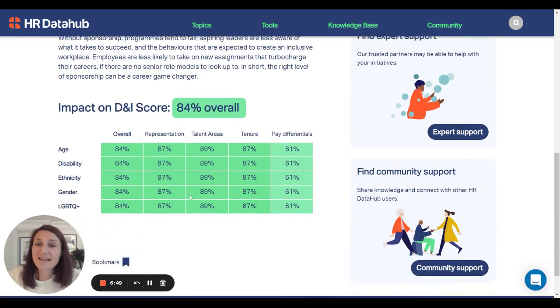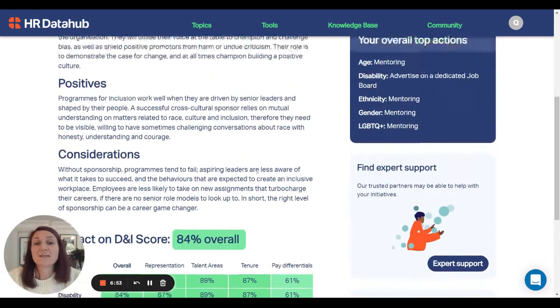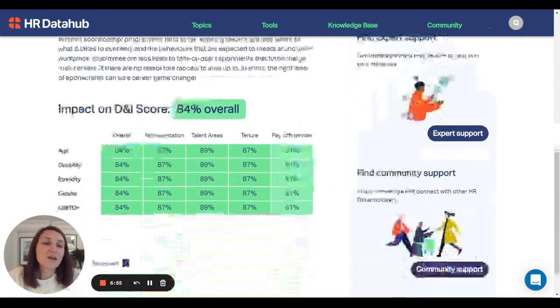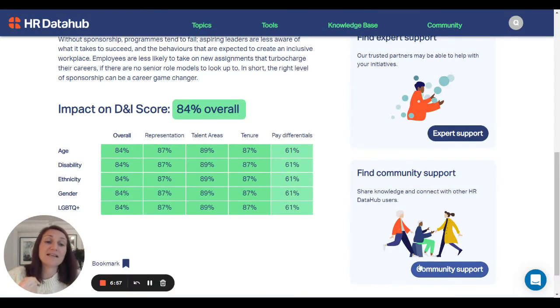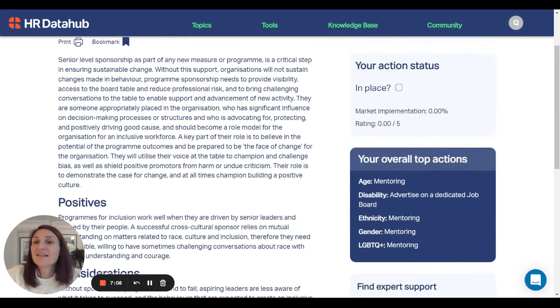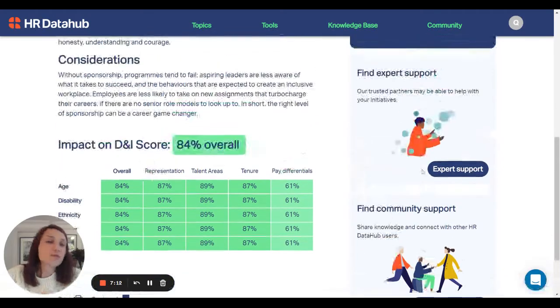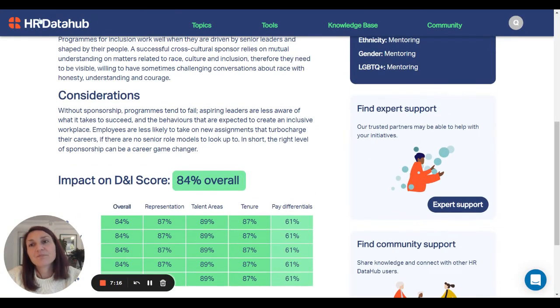I can understand the impact of sponsorship programs across other areas of D&I as it pertains to its score, and I can connect directly to the rest of the HR community that is a part of HR Data Hub or experts that are part of the HR Data Hub partnership program, where I could understand, okay, is this something that I want to implement? Should I connect to one of my peers or should I connect to an expert to try to help me implement this?